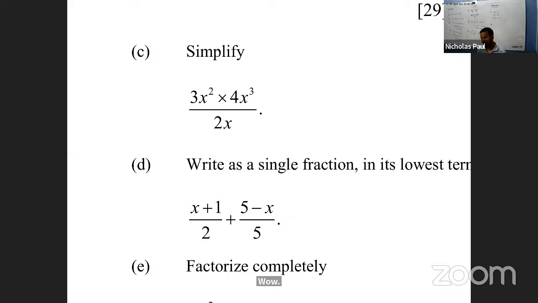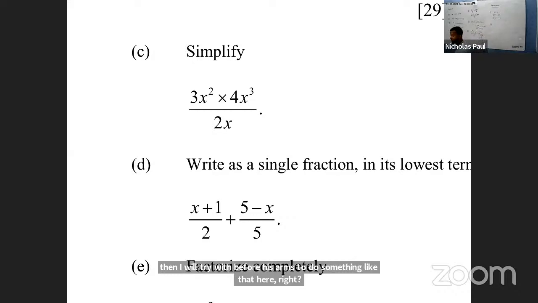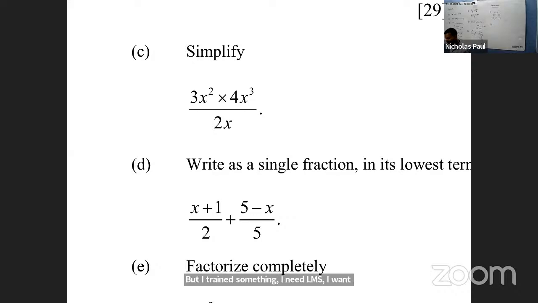And then I will try between the 4 exams to do something like that here, right? Finally, yes, so I will do a quick one, some practice. I'm trying something on the LMS. I want you all to do it. It's a paper 2, but a self-correcting paper 2. You do the paper like normal and then enter your answers.